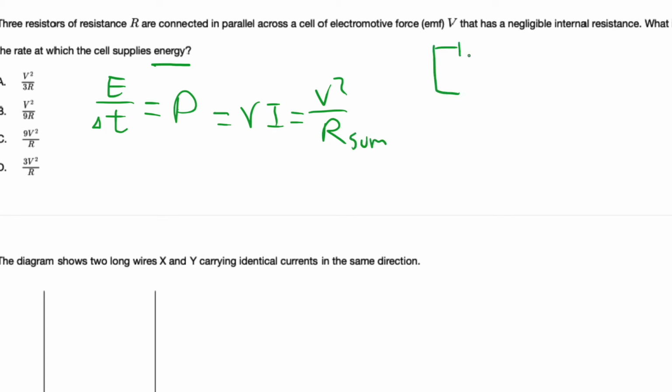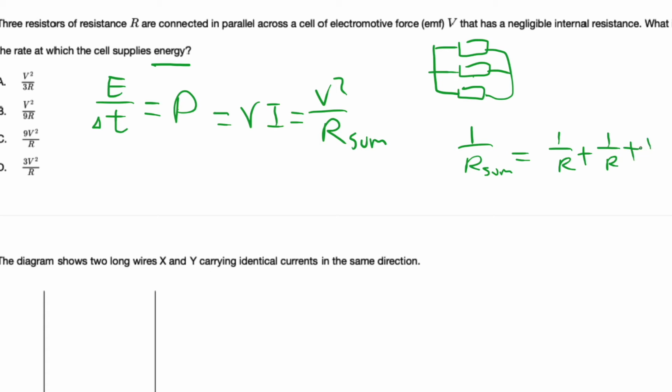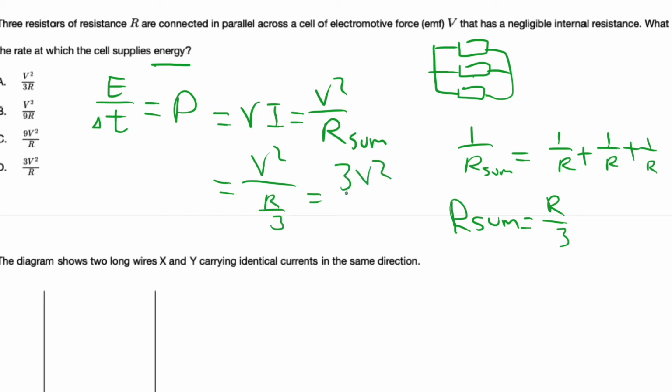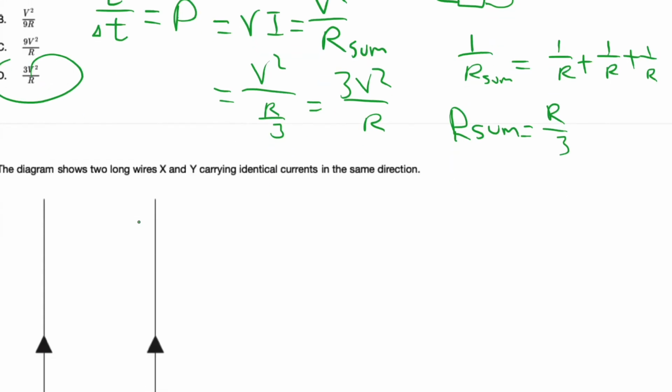The three resistors are connected in parallel, so 1 over R sum is equal to 1 over R plus 1 over R plus 1 over R. So R sum is going to be equal to R over 3. So this is going to be equal to V squared over R over 3, which is equal to 3V squared over R. So the answer will be D.